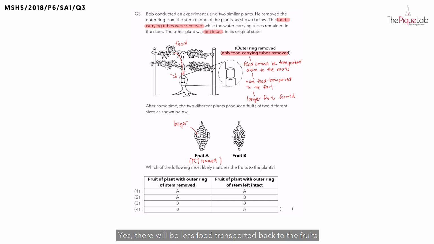Yes, there would be less food transported to the fruits, which means the size of the fruits formed would be smaller. And in this case, which fruit is smaller in size? It is fruit B. So we know that fruit B must have come from the plant with the food-carrying tubes intact.